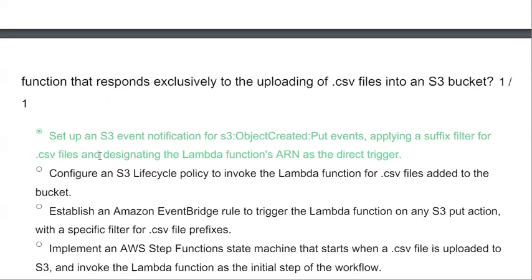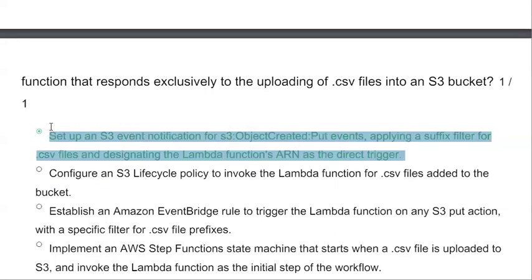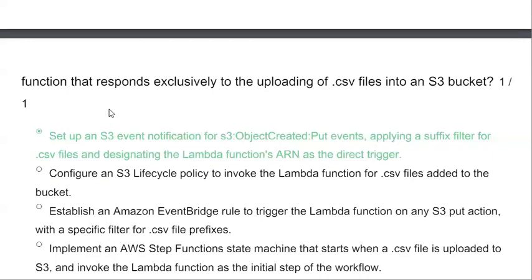If we find that the file is .csv, then we need to designate, that means we need to trigger this Lambda function ARN by using direct triggers, right? Yes. So this is what we do in real time.